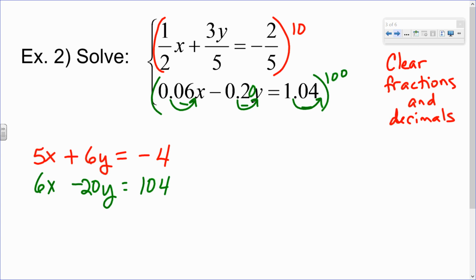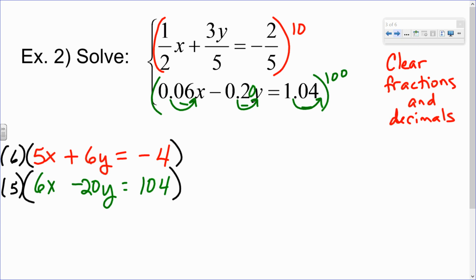Now I look at these, and I could do substitution, but then I'd have some really messy fractions to substitute in. So what would have been the point of clearing all of those fractions? I'm going to notice that I've got a 5x and a 6x. And so if I multiply the top by 6 and the bottom by 5, they'd both be 30. So then I'd have at least the same number, but I really want one positive and one negative.